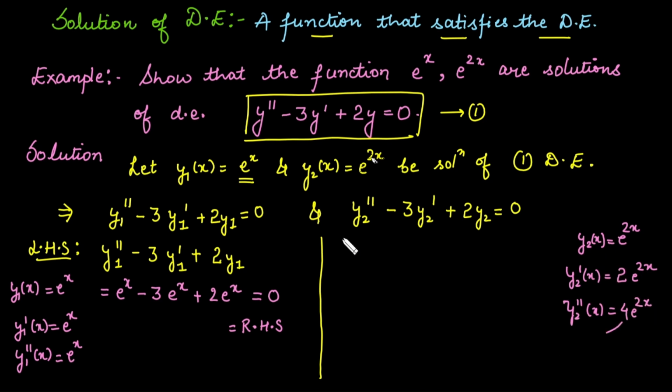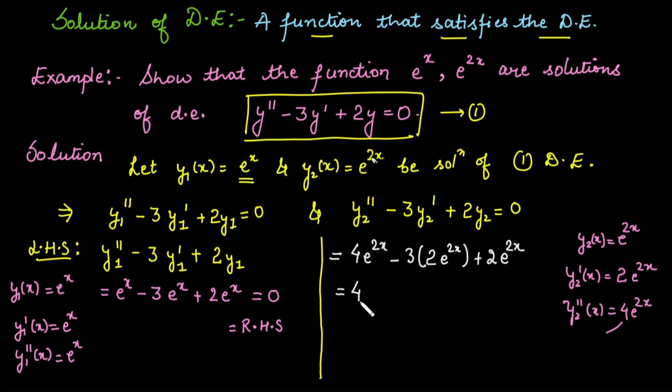Substitute these values over here. So what will you get? The second order derivative is 4 e raised to power 2x minus 3 times the first order derivative, which is twice e raised to power 2x, plus twice the given function, that is e raised to power 2x.